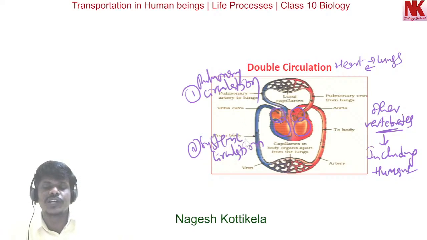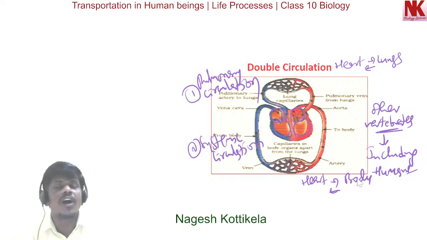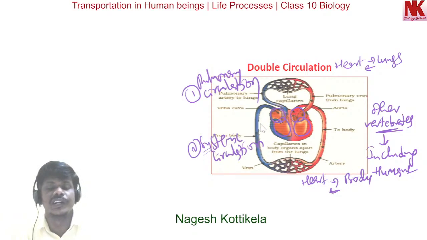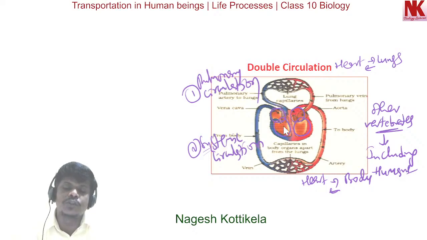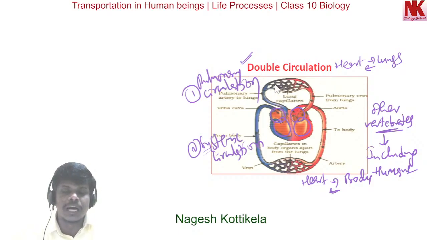In systemic circulation, the blood is carried from the heart to body parts, and from body parts to the heart. Here the heart is pumping the oxygenated blood to all the body parts, and from all the body parts, deoxygenated blood is carried to the heart. This is what we call systemic circulation. So as the blood is passing through the heart twice, it is called double circulation. In humans, double circulation is seen.